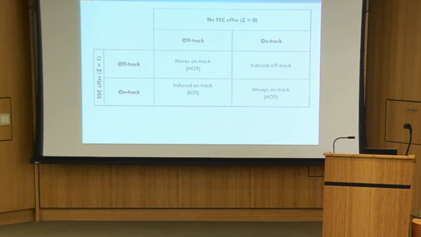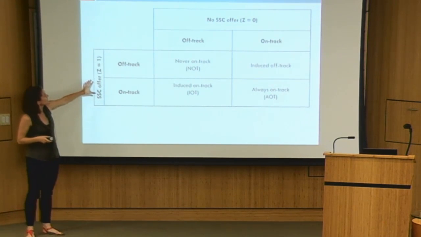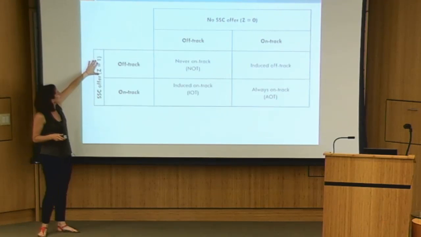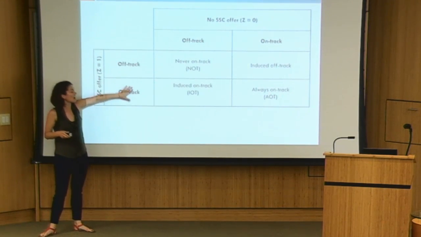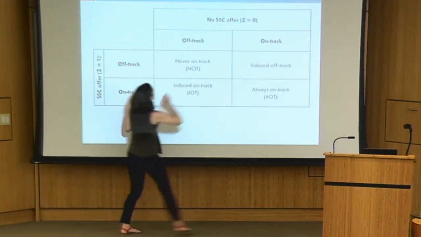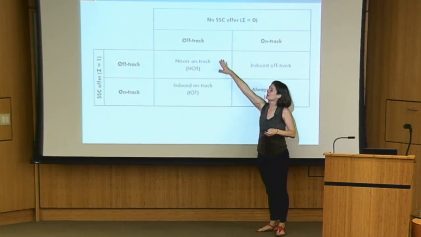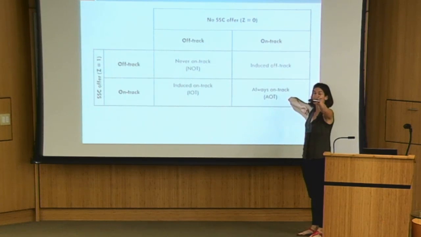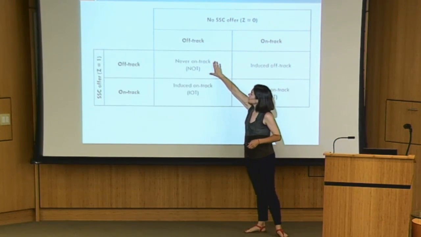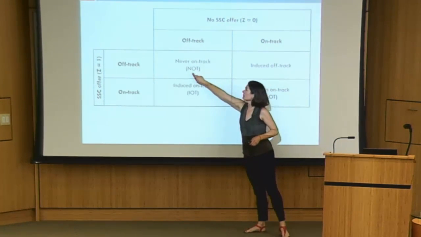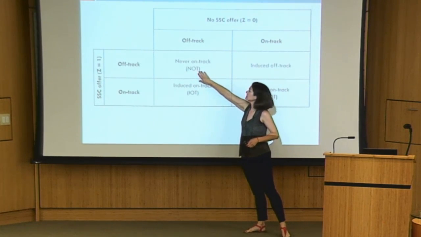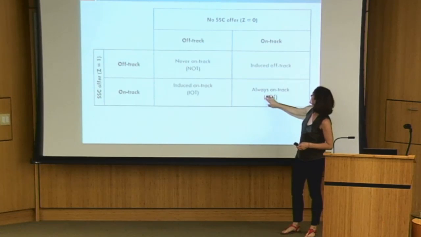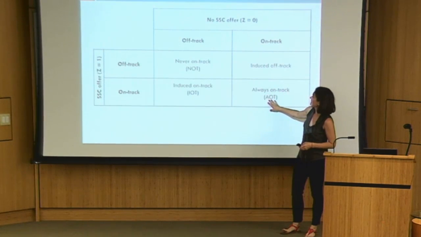Okay, so here's the general principal stratification setup that we're going to look at. Under assignment to treatment, students could either be off track or on track. And if they're assigned to control, they could also either be off track or on track. So just as the group had defined, we have students who are never on track, which I'll denote as NOT, students who are induced on track, IOT, and students who are always on track, AOT.